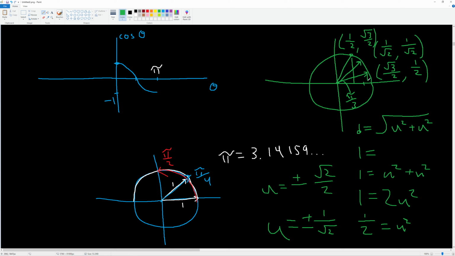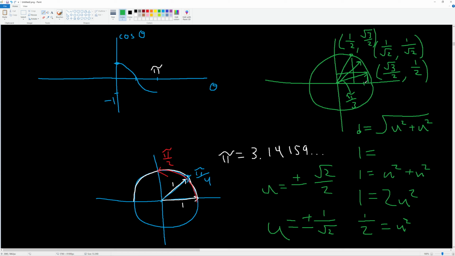And these x values and y values, you can just look at them for what they are, or equivalently, you can look at them as these projections, these shadows, onto the x and y axes. And clearly the x value here is bigger, right?